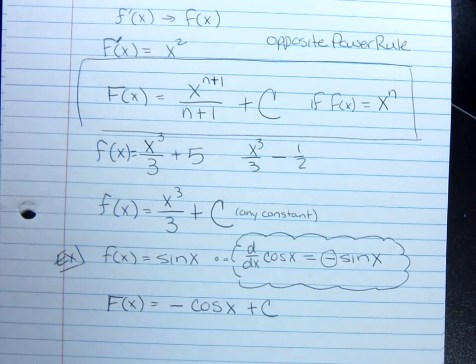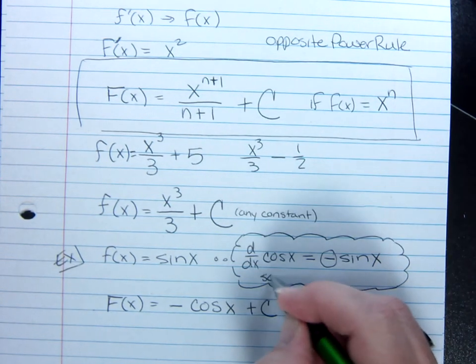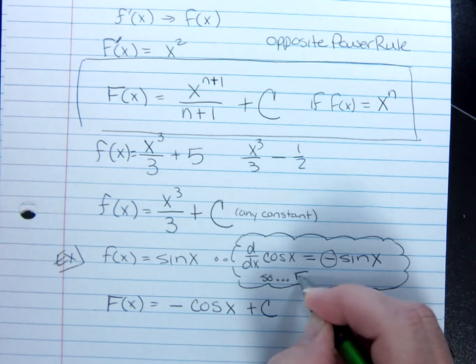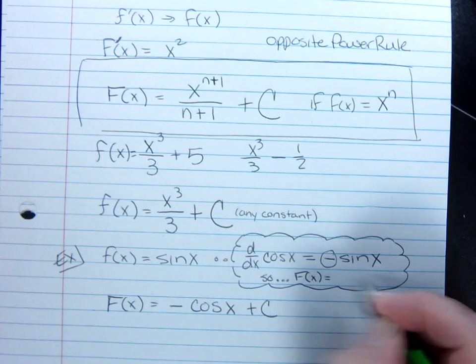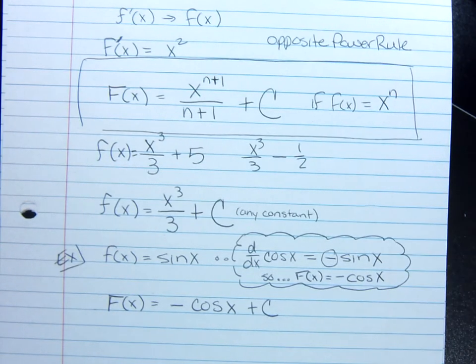So knowing your derivative functions or your trig functions very well is very important, because you're going to have to toggle back and forth between the two of them to make sure that you can find your antiderivatives. All right, now B in that example 1 is just finding the power rule that I already gave to you.